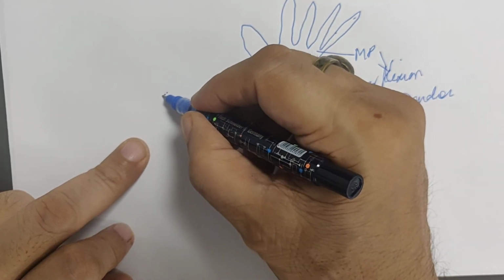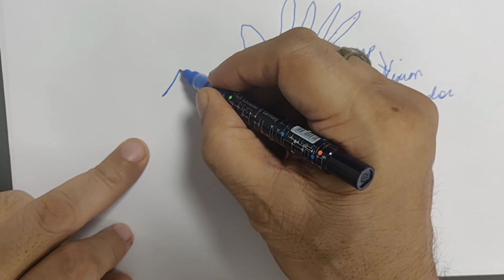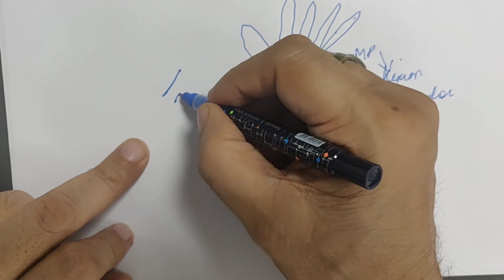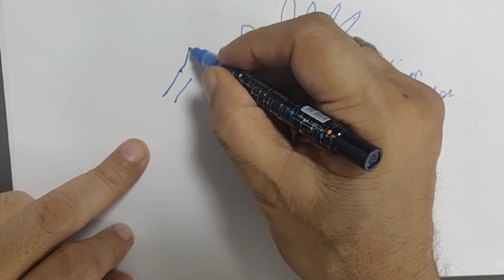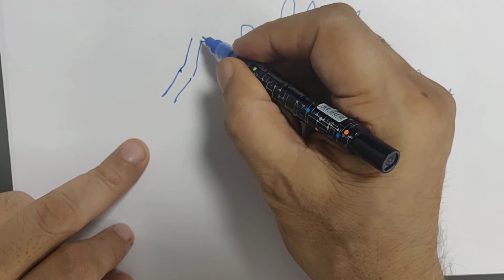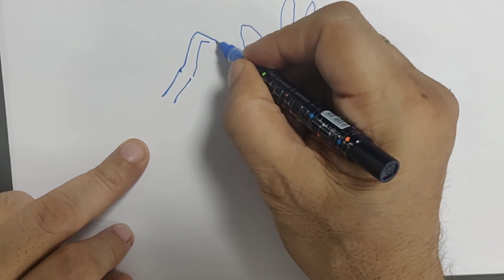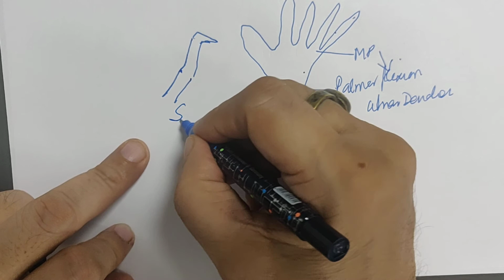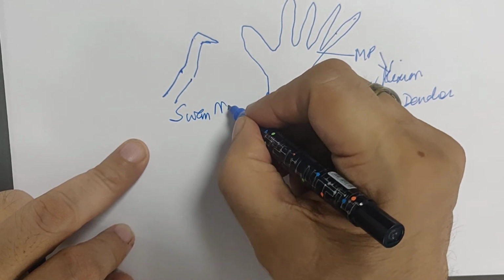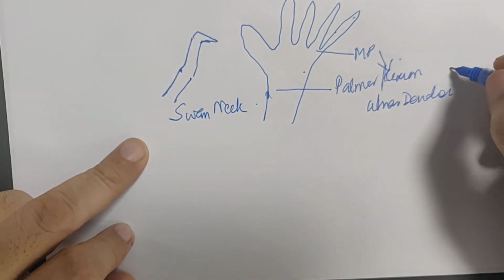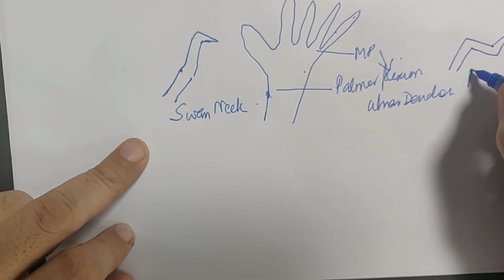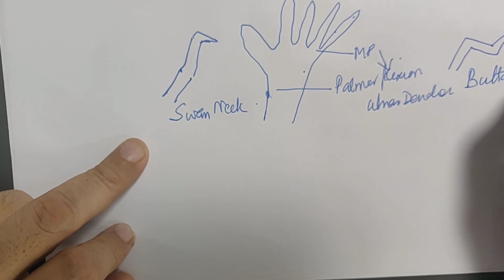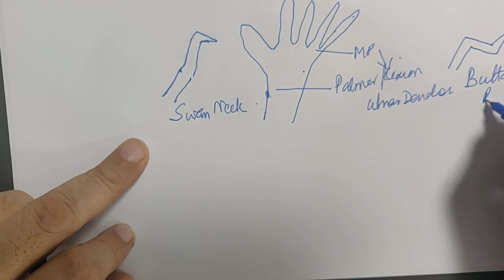So one deformity is hyperextension of the PIP joint and flexion of the DIP joint. Now this is the swan neck deformity. The second deformity is flexion of the PIP joint and hyperextension of the DIP joint. This is the buttonhole or boutonniere deformity.